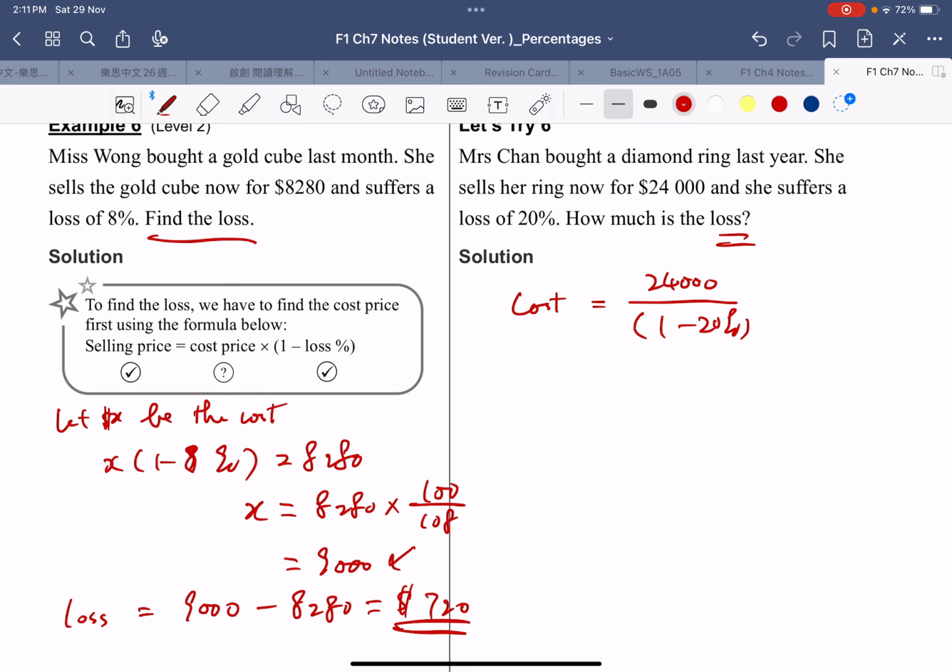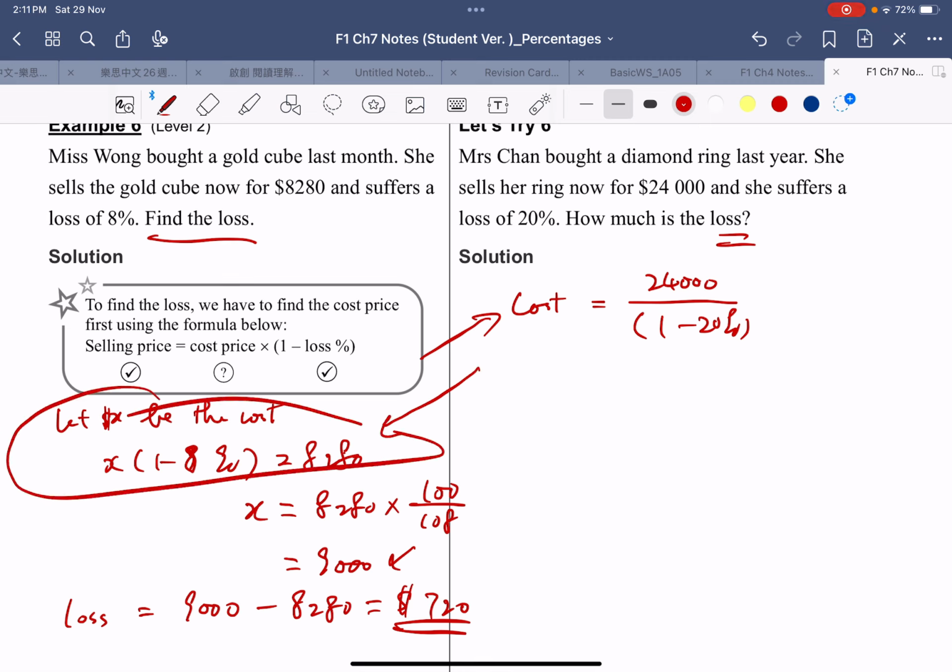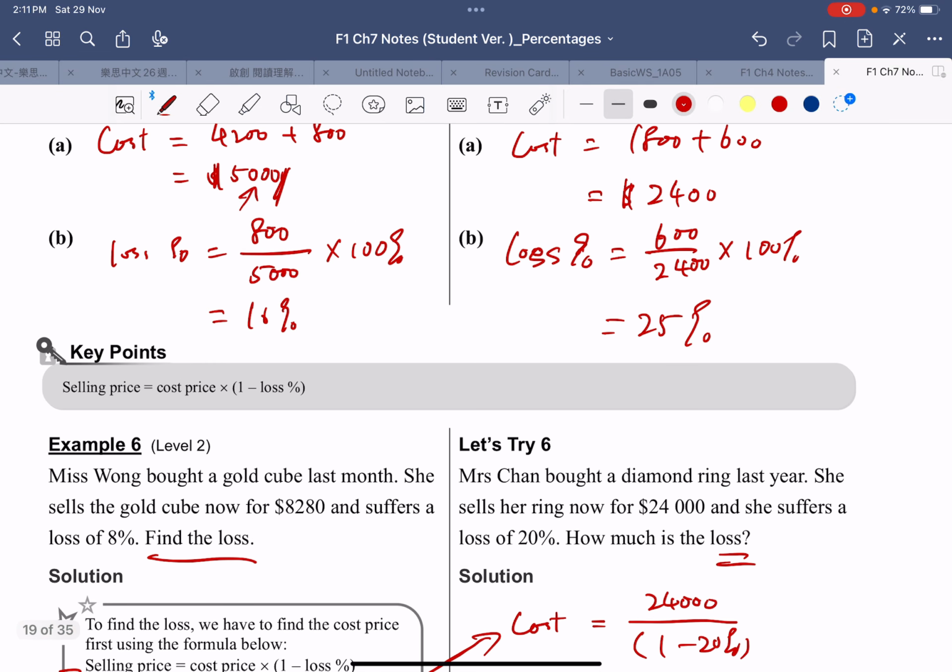If you cannot make this mathematical formula, you go back to let and then set up a formula using this formula.